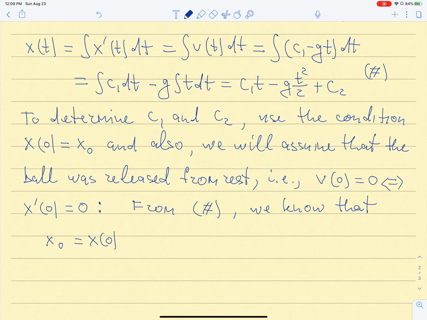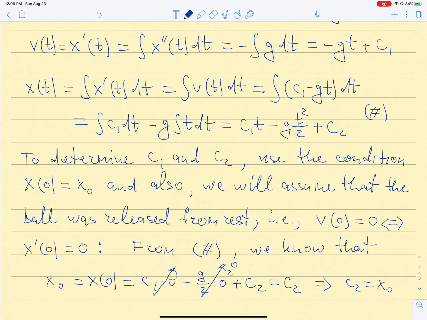That's my condition that I imposed in the beginning. But what is x of 0? It's the same thing as what I got here with t replaced by 0. So if I replace t by 0, I'm going to have c1 times 0 minus g over 2 times 0 squared plus c2. This is 0. This is 0. So the whole thing is equal to c2. And so from this condition, we deduce that c2 must be the same thing as x0.